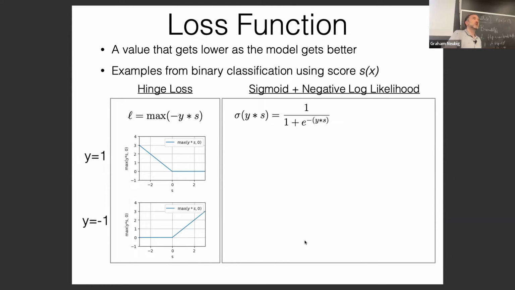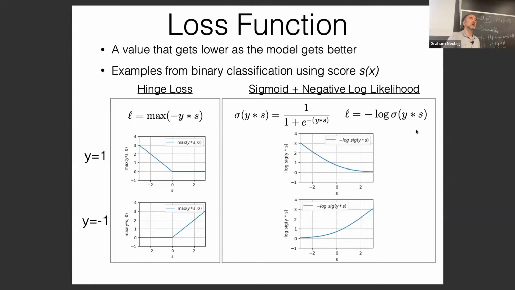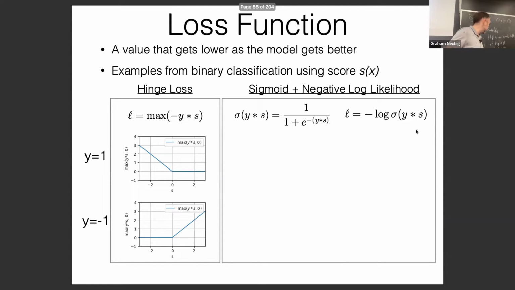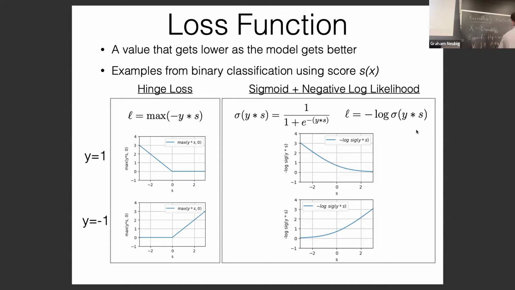Another example is the sigmoid plus negative log likelihood loss. The sigmoid is a function that looks like this. The negative log likelihood is where we take the negative log of the sigmoid. Sorry, I didn't actually write the sigmoid function, but basically it looks like this.